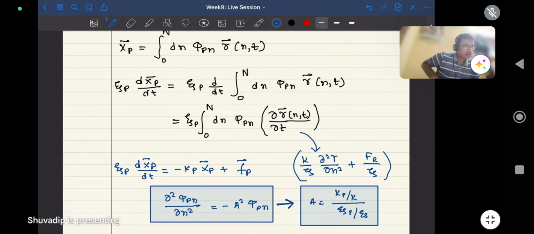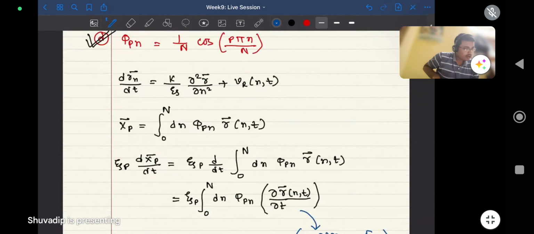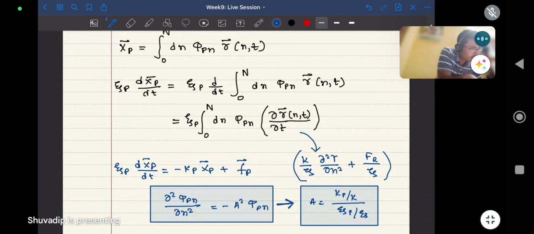For that we replace d/dt of r(n,t) from the equation we got earlier, and if we put this back here, there will be two integrations to do.